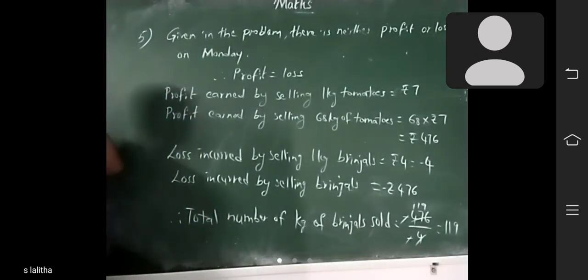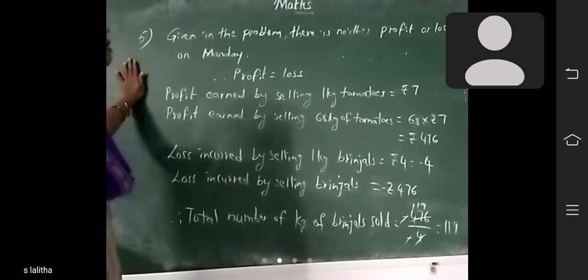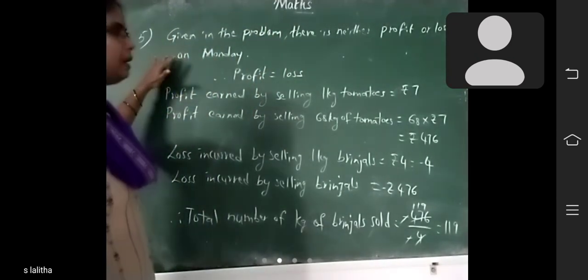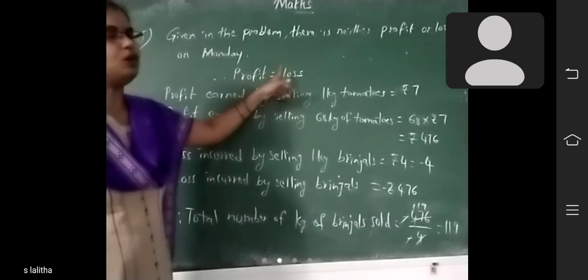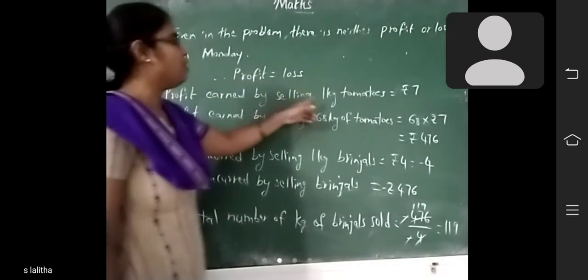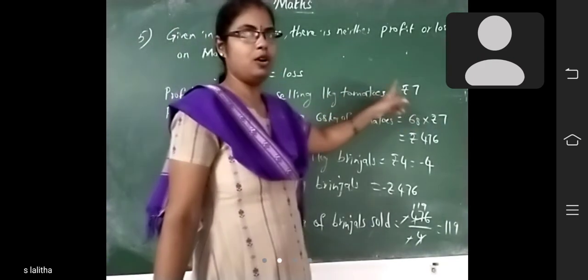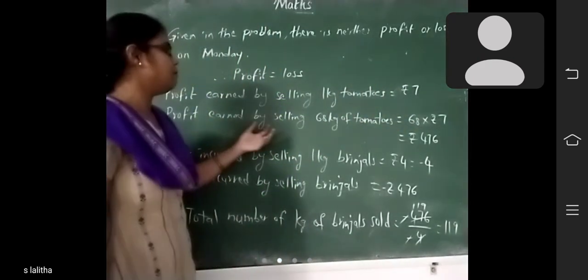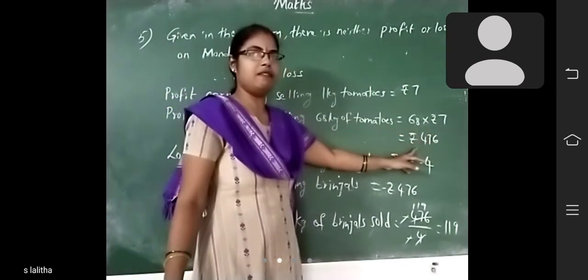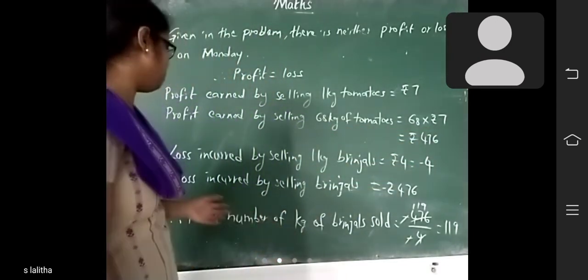Did you understand? Again I will explain. See, in the problem what is given? There is neither profit nor loss on Monday. So profit equals loss. Profit earned by selling 1 kg tomatoes is 7 rupees. Profit earned by selling 68 kgs of tomatoes is 68 into 7 rupees, 476 rupees.